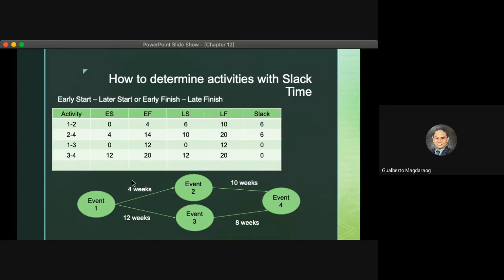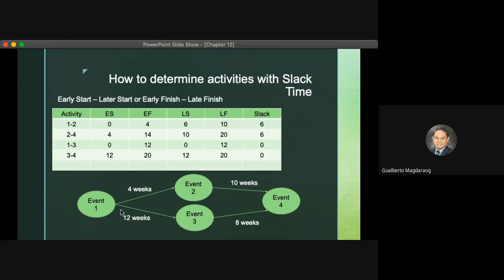So for this particular example, we have a total of 20 weeks to finish all the events: 14 weeks for path 1, 2, 4 and 20 weeks for path 1, 3, 4. Okay? So activity 1 to 2 requires 4 weeks, 1 to 3 requires 12 weeks, 2 to 4 requires 10 weeks, and 3 to 4 is 8 weeks.